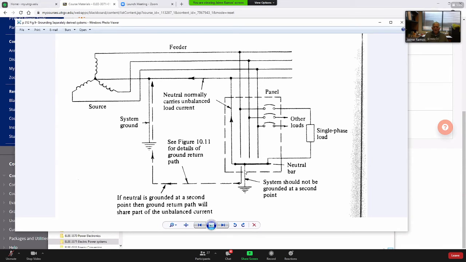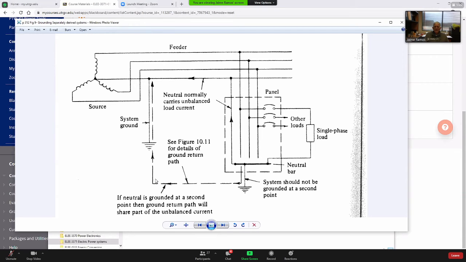Now, if we ground the neutral at a second point, we are going to have also current through the ground. That's not correct. For reliability, the idea is perfect control of the currents.